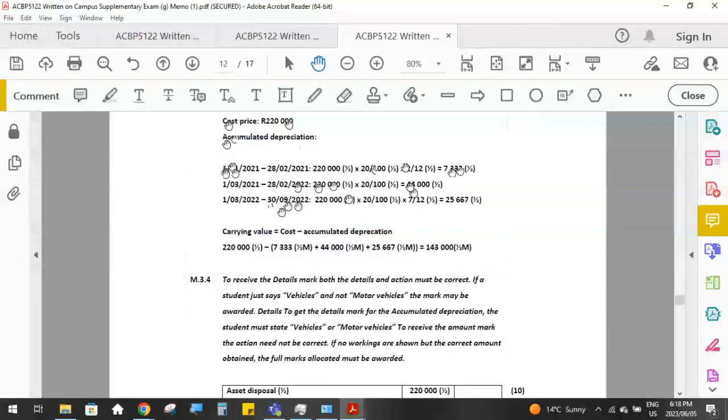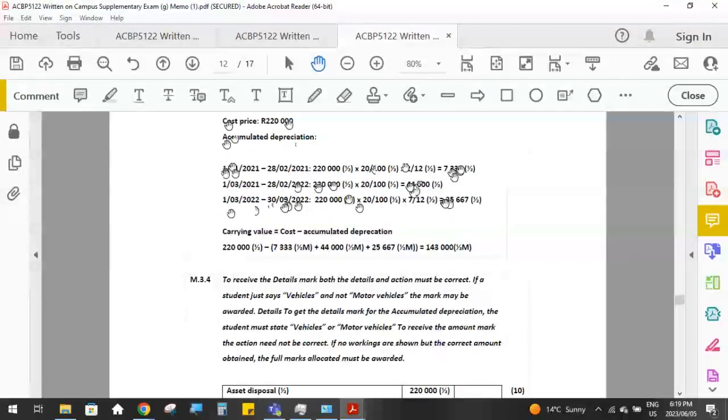And in this current year, which began on the 1st of March, up until the 30th of September, which is the date that we sold the vehicle, we owned it for 7 months in this current year before the owner purchased it. So we've got 3 lots of depreciation from 3 different financial years.